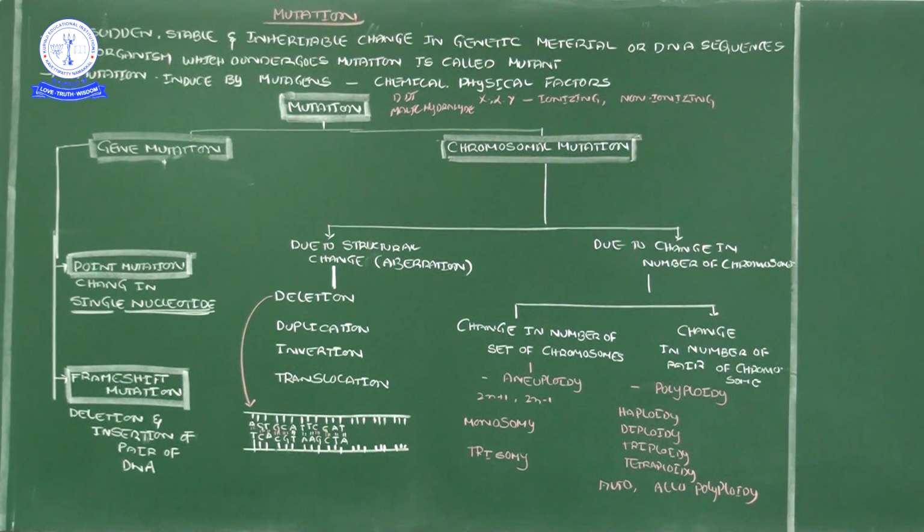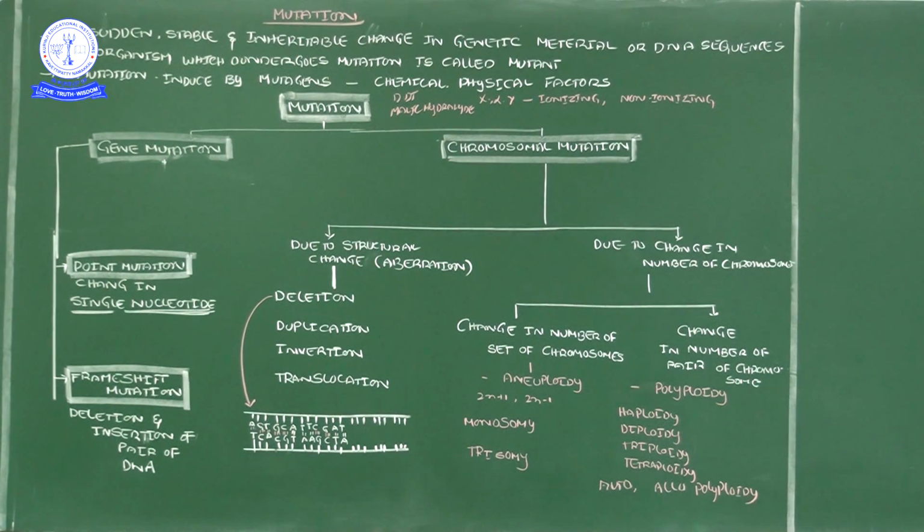And translocation. What is the difference between translocation and frame shift? In frame shift, only a DNA nitrogen base pair is relocating. Translocation means a whole part of the chromosome detaches from one arm and attaches to another. For example, the 8th chromosome arm is removed from the 8th chromosome and attached to the 9th chromosome, that is translocation.